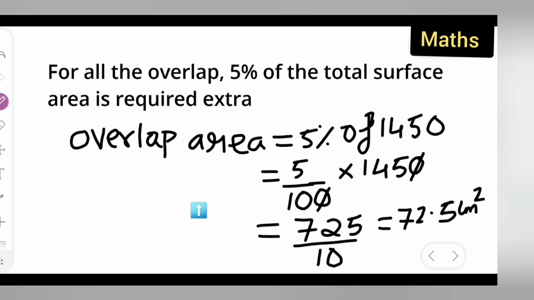Okay, next let us find out the total surface area of the bigger cardboard with extra overlap. So let me write it on the next. Now you can write down this.